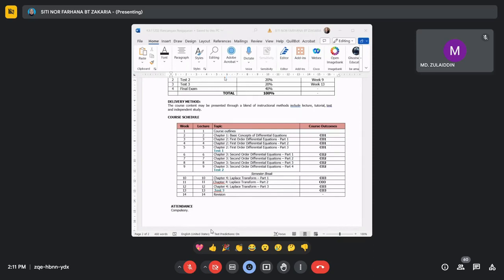But this is not an easy subject. Kalau program lain, 20-30% of students failing is normal for this subject. So if you have any problems solving any DE questions, you can come to my room and we will discuss, okay? So I help you, you help me maintain the grade, okay?